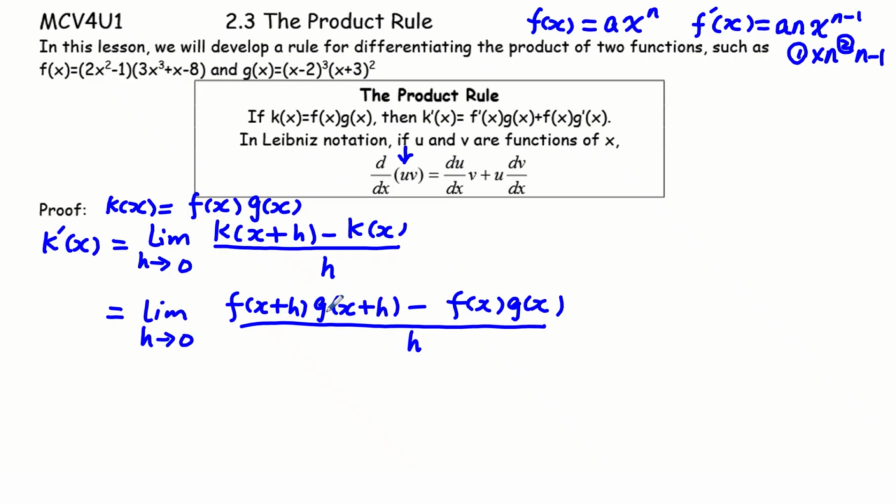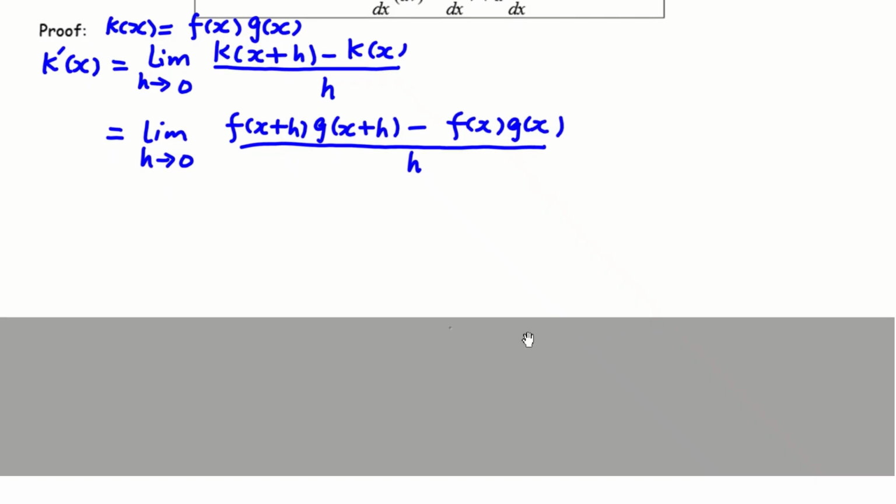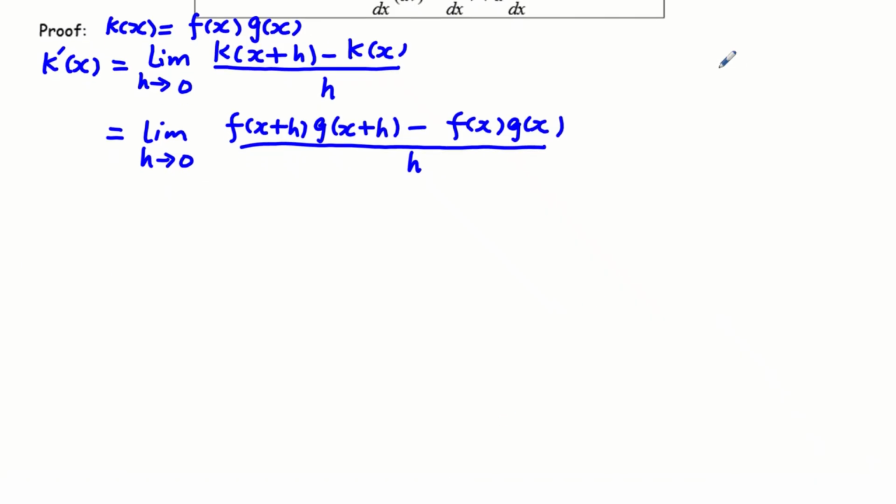We want to make f prime of x come out. And we know that f prime of x equals the limiting value when h approaches 0 of f of x plus h minus f of x, over h.